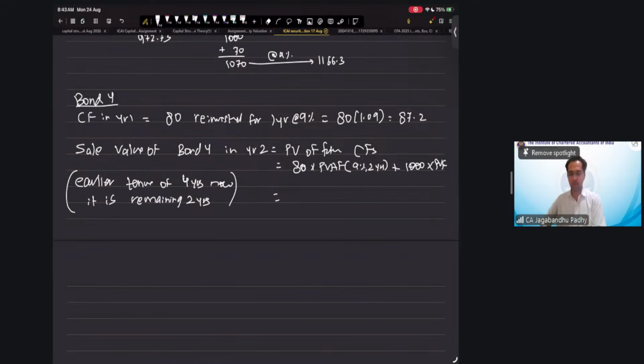The sale value of the original 4-year bond, now having a maturity of 2 years, will be 80 into present value annuity factor at 9% for 2 years, and also 1000 into the present value factor.